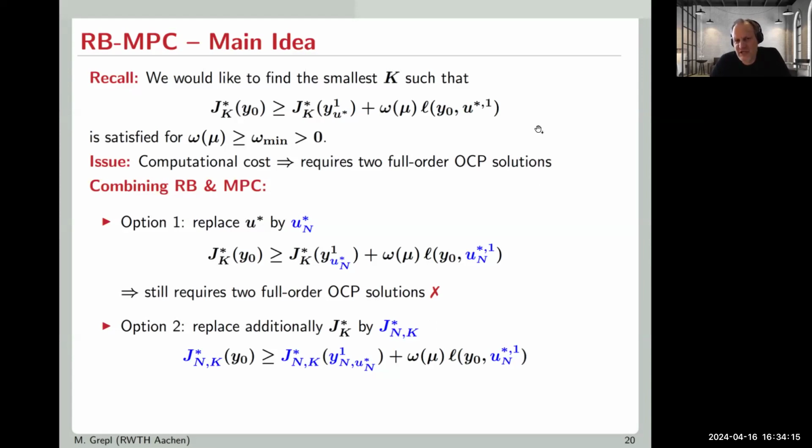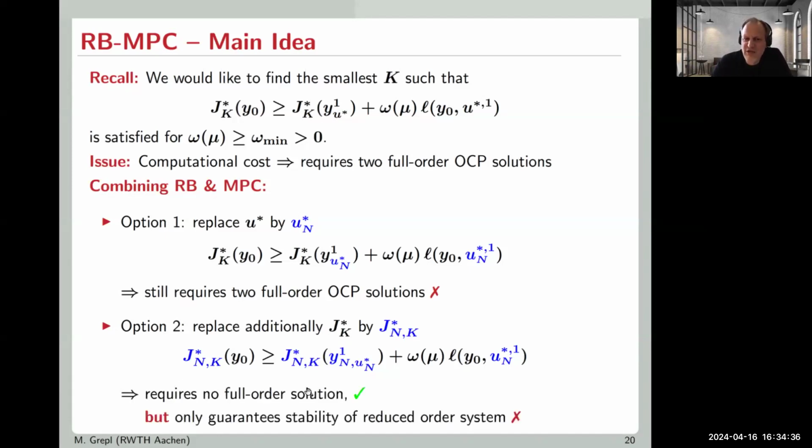And what you show in the end is that your reduced order MPC feedback law stabilizes the reduced order system. Basically, what you just showed for the full order system directly holds for the reduced order system. But again, this is not what we wanted to show. So we require no full order solution. But the problem is that we only guarantee stability of the reduced order system and not of the closed loop full order system.